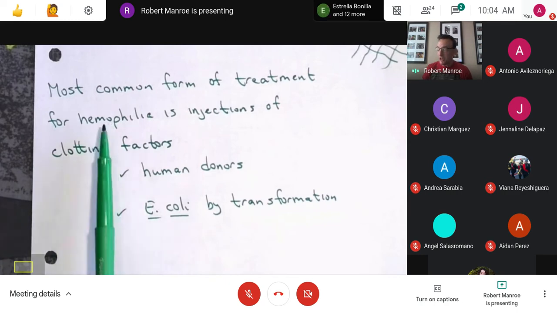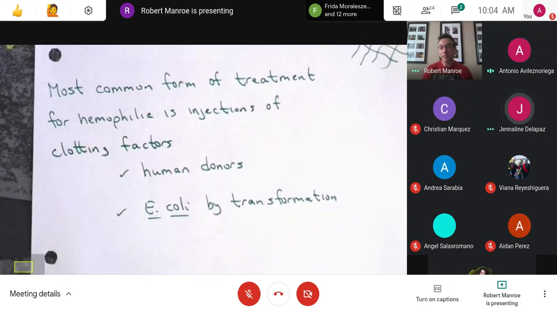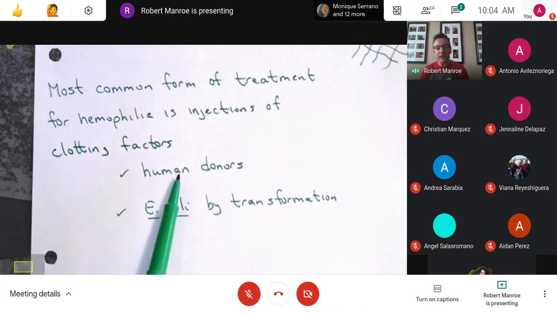Guess which other group of people really think GMOs are special? Hemophiliacs, okay? I don't have any of the products because we don't have a hemophiliac on staff. But they have to designate whether the clotting factor is of human origin or whether it's a product of a GMO.